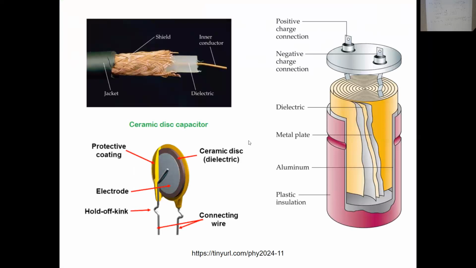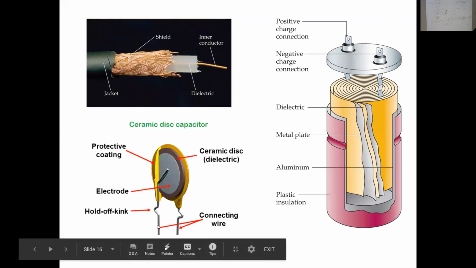In reality, if you have two sheets separated by an insulator and you roll it up, you will get something like this, a cylinder capacitor. If you have just two plates insulated by a ceramic, which is an insulator, it will look something like this. You can connect these two terminals to a battery to charge it.